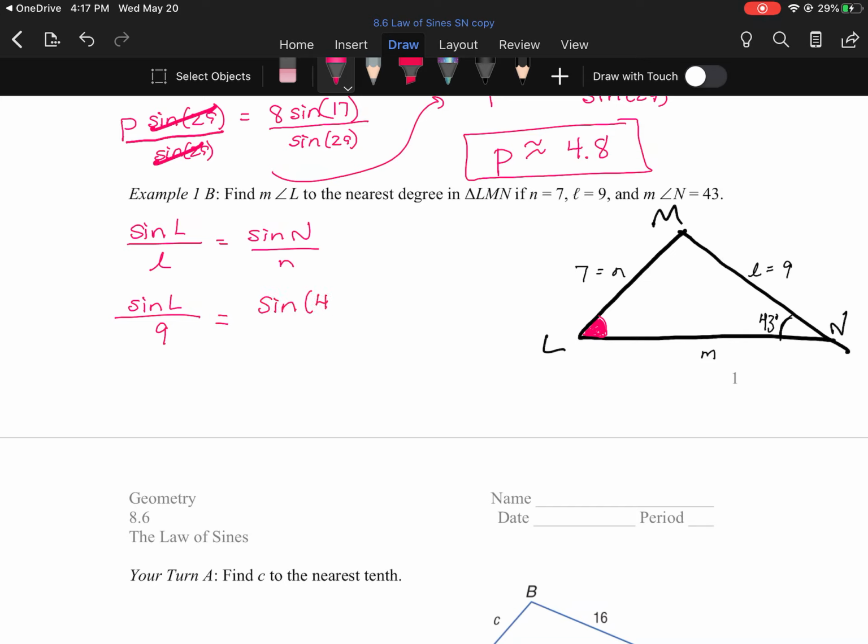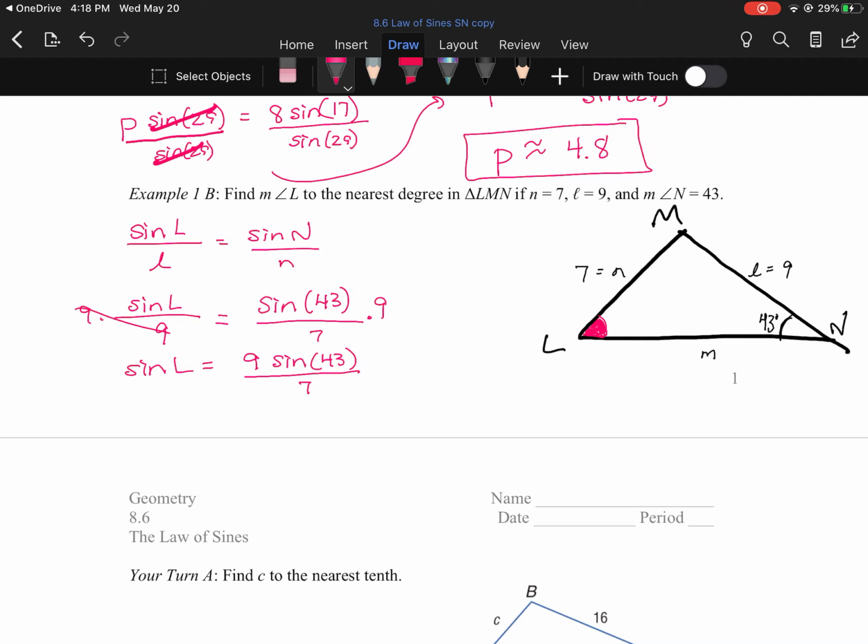I'm going to get the sine of 43 all over 7. So again, we can cross multiply here. I'm going to go ahead and just multiply both sides by 9. So I get the sine of L is equal to 9 times the sine of 43 divided by 7.